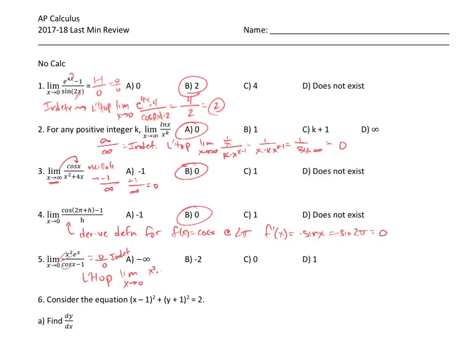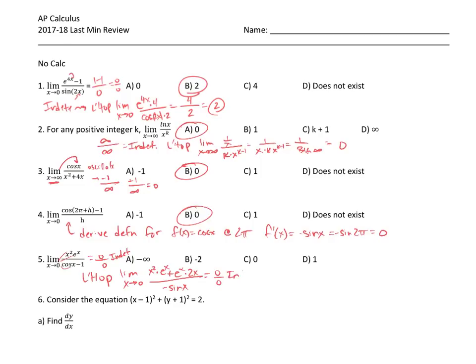Here we're going to use the product rule: the first times the derivative of the second, e to the x, plus the second, e to the x, times the derivative of the first, which is 2x, all over. On the bottom, we take this derivative, and we end up with just negative sine x. Plug it in again, 0 over 0.